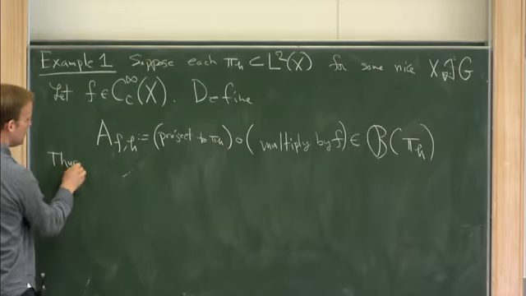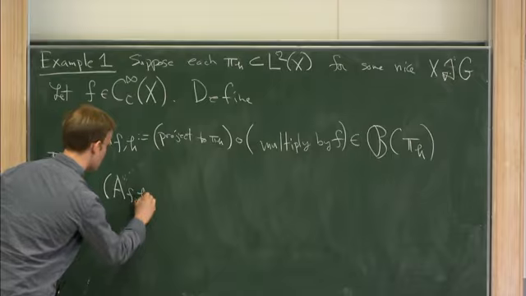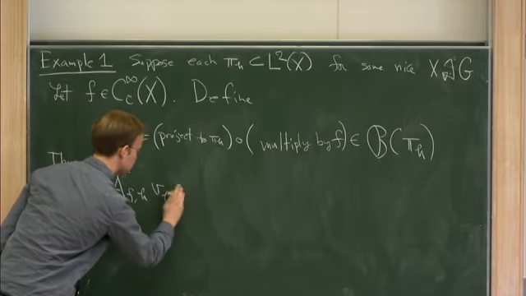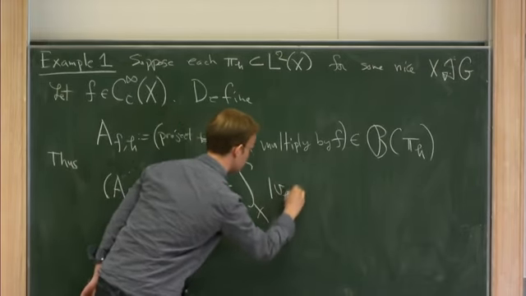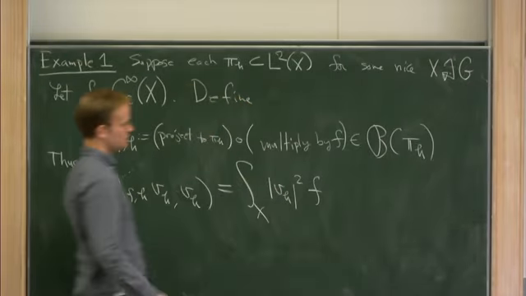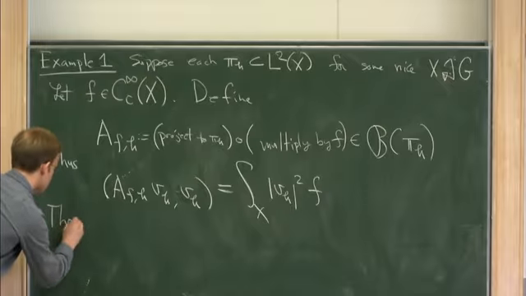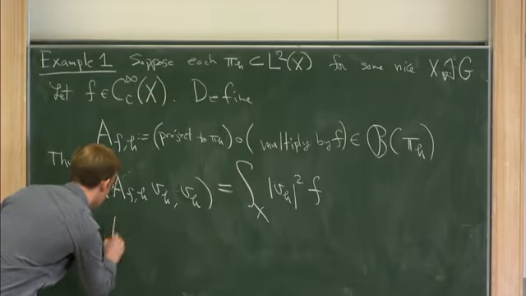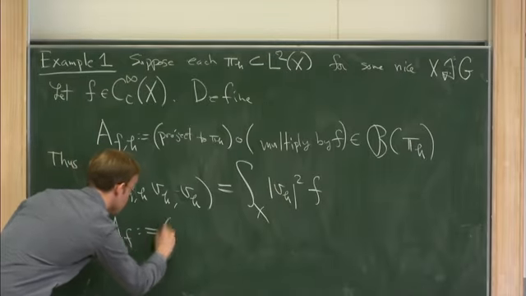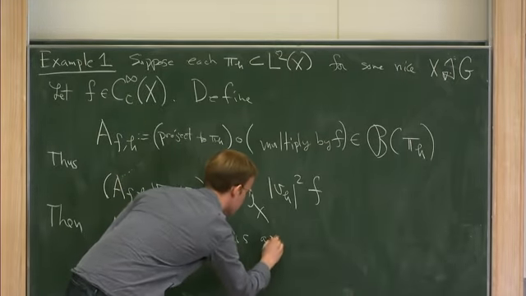So for example, if we unwind this definition, this says that the matrix coefficients of these operators on the vectors vh are given by the integrals over x of vh squared times f. Okay. This is another way of defining the operator. And then the assertion, which is a consequence of integration by parts, is just that this sequence of operators is indeed approximately equivariant.